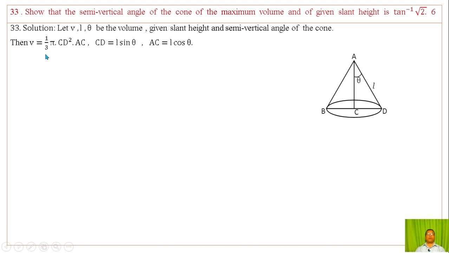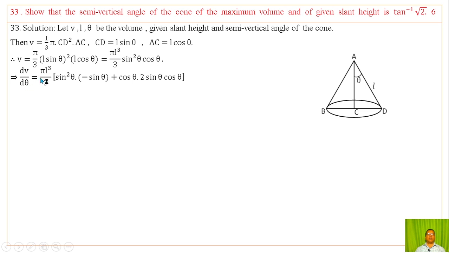Then volume is 1 by 3 pi r square h, where r is CD and the height is AC. But CD is equal to, applying trigonometry, L times sine theta, and altitude AC is equal to L times cos theta. Substituting their respective values and simplifying, we have this.